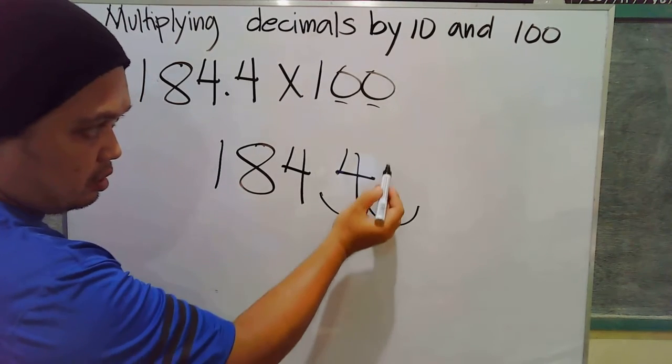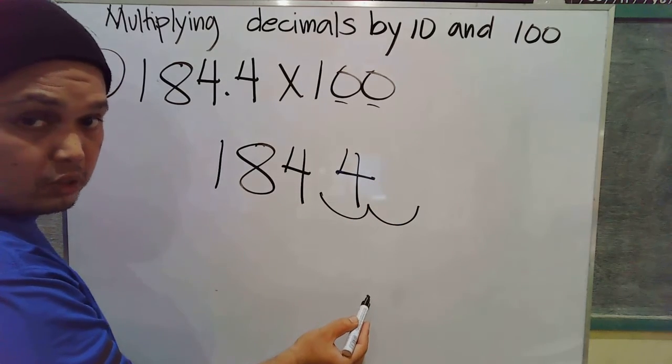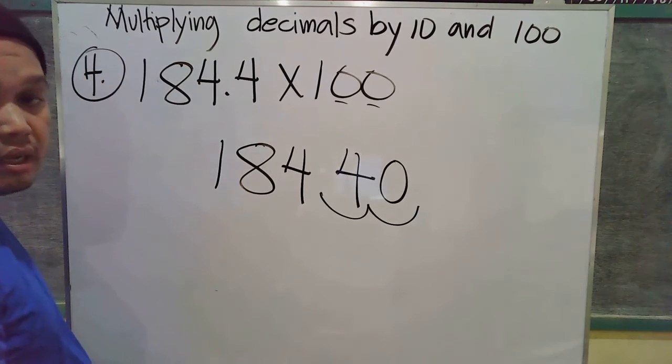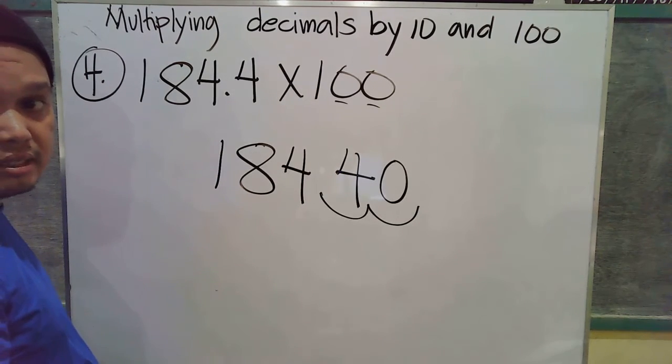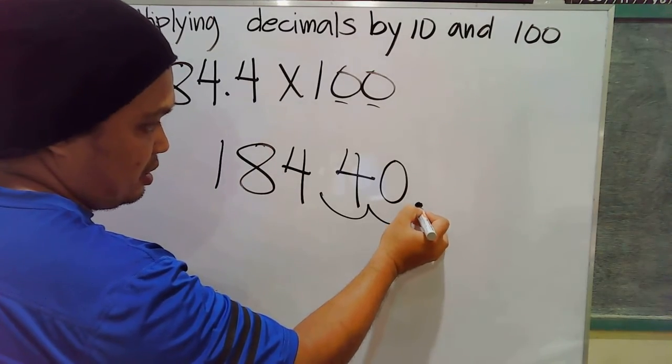So there's a missing decimal place here. So what are we going to do? Just add 0. Okay? To make it 2 steps. So our decimal point will be here.